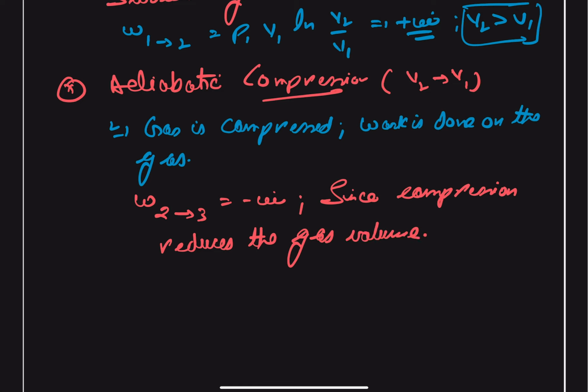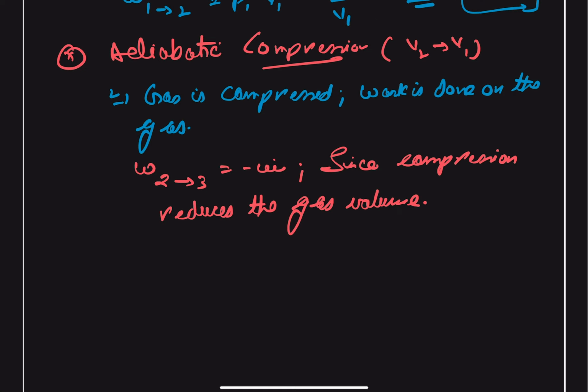So therefore, we can write the total work done W will be equal to work done from 1 to 2, that is our isothermal, plus work done from 2 to 3, that is our adiabatic.